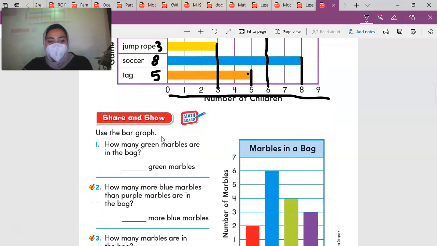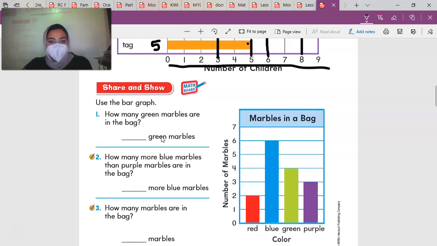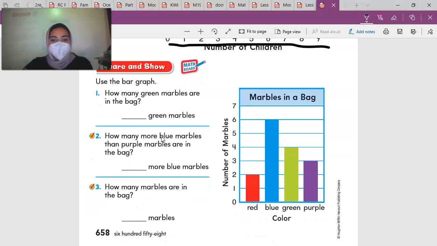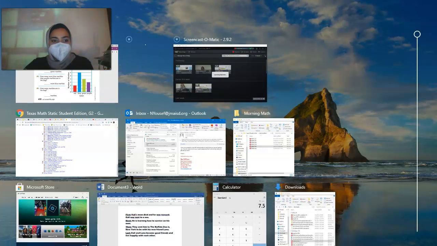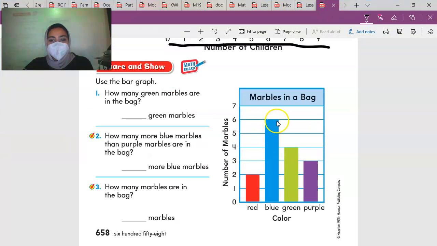Use the bar graph. How many green marbles are in the bag? So now we're reading this bar graph, and we're filling in the information here from the information here. Okay, so 1, 2, and 3 go with this bar graph. So the first thing I do is I read the title. The title is Marbles in a Bag.